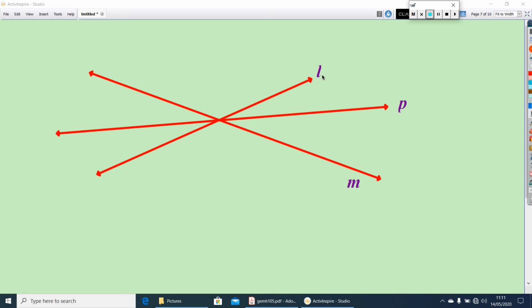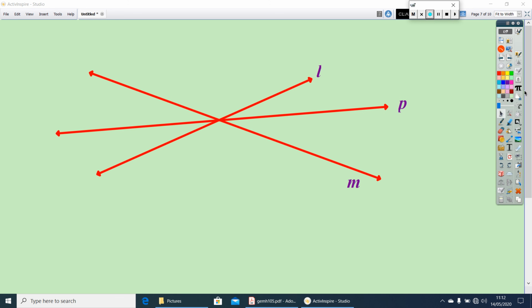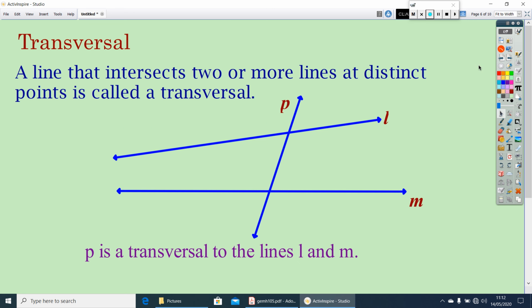Look at the figure. Here P intersects line L, P intersects line M. Can you say P is a transversal of L and M? Here P is not a transversal of L and M. Why?